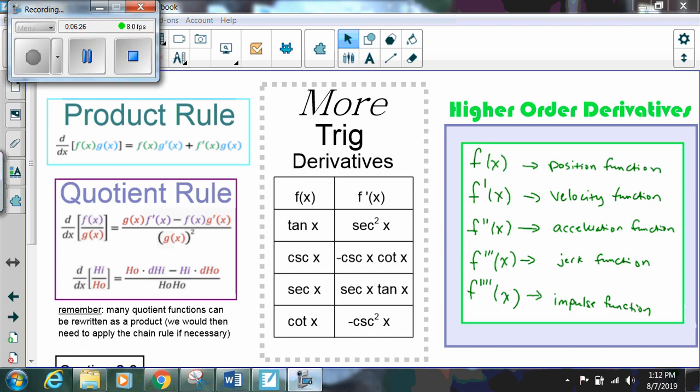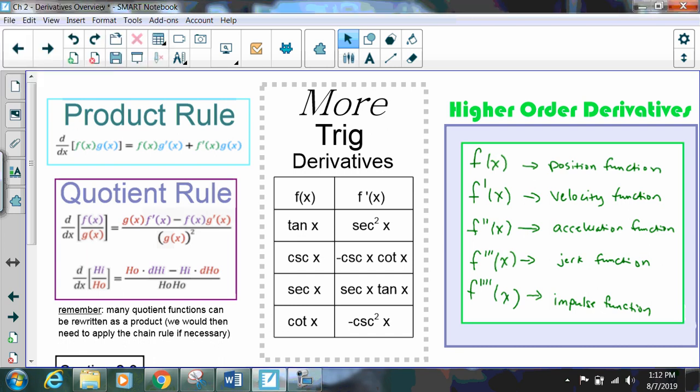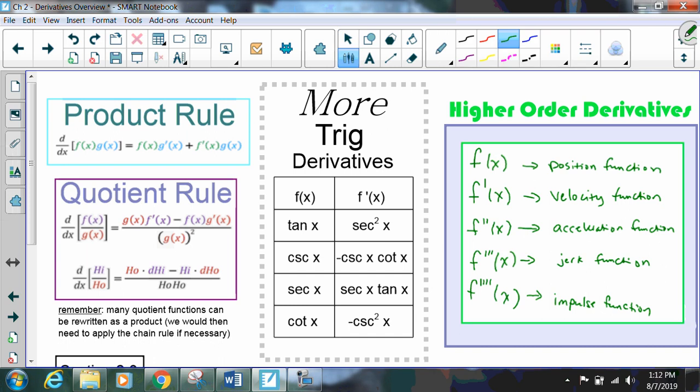Let's check on. We're still going, which is good. And then when we get to the higher order derivatives in this section, it's nice to remind ourselves that our original function is what we call the position function. When we take that first derivative, we're actually finding the velocity, how fast we change from position to position.